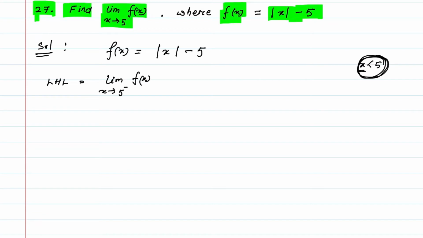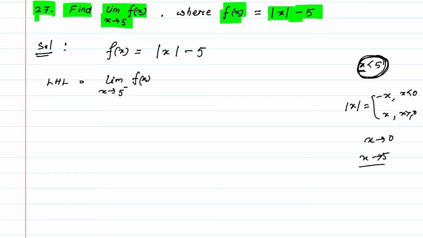Okay, so we know that mod of x is equal to minus x when x is less than 0, and it is plus x when x is greater than or equal to 0. Okay, but in this case we are not taking x tends to 0, we are taking x tends to 5.